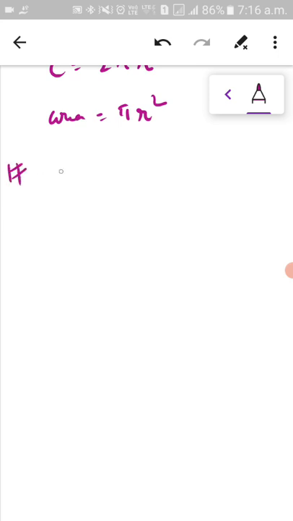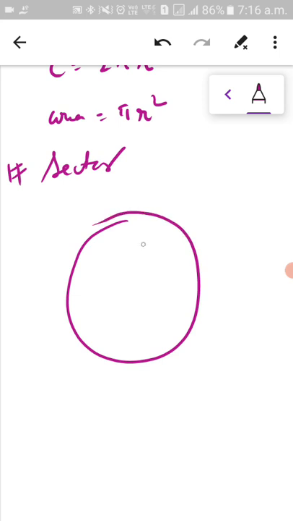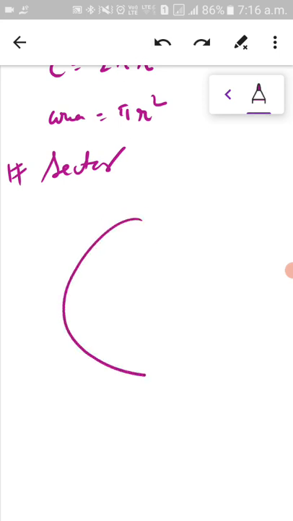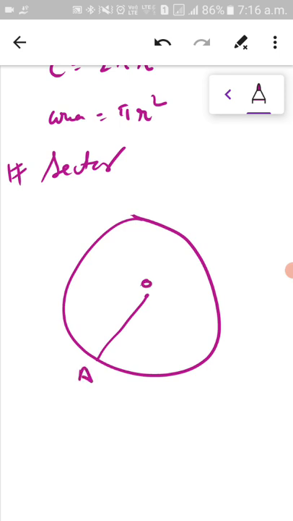First of all, we'll discuss what is a sector. The portion of a circular region enclosed by two radii and the corresponding arc is called a sector. Suppose I am having a circle, this is the center, and let me say OA and OB are two radii of the circle.